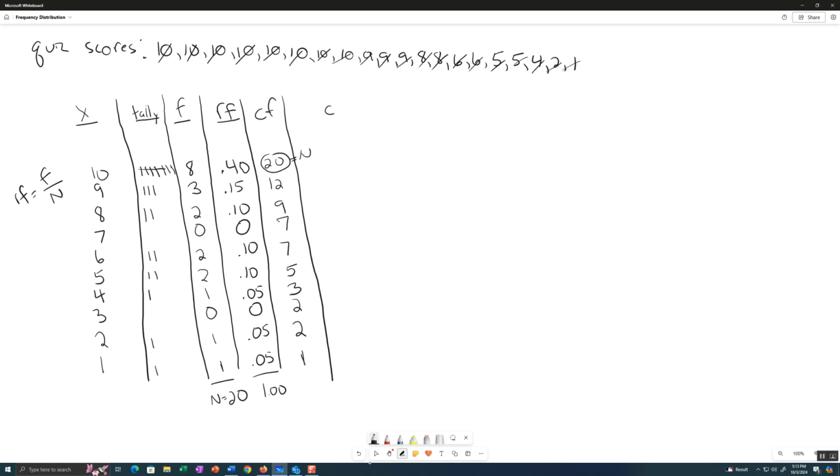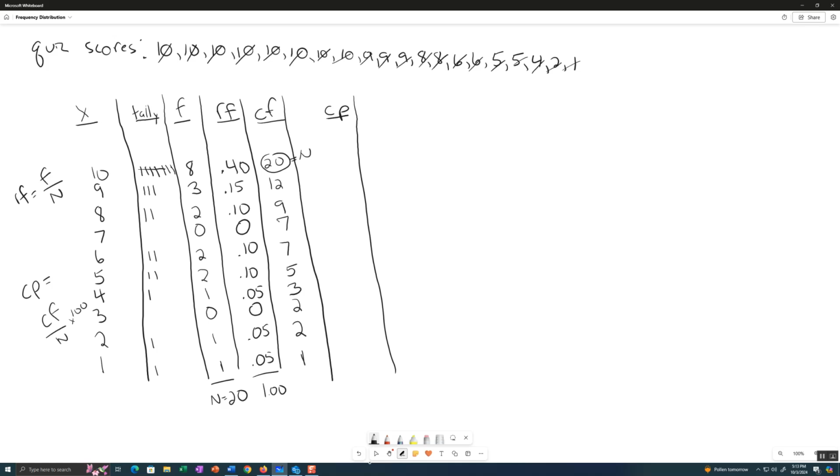The last one we want to do is the CP column. I'll put it out here because I wrote a little sloppy here. CP is equal to CF over N times 100. It doesn't matter where you start. I'd start at the bottom. It's just easier always starting at the bottom.